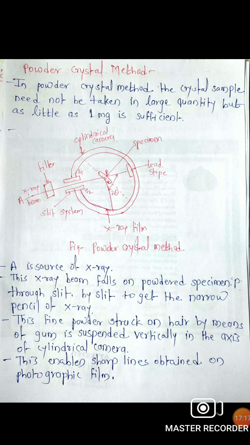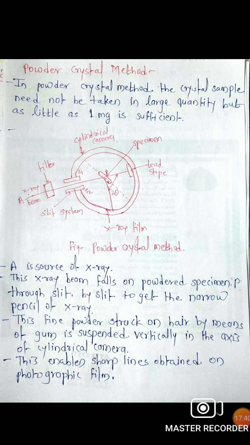This is the instrumentation diagram for the powder crystal method. A is a source of X-ray which can be made monochromatic by a filter. This is not shown. This filter then allows the X-ray beam to fall on the powder specimen P through the slits S1 and S2.